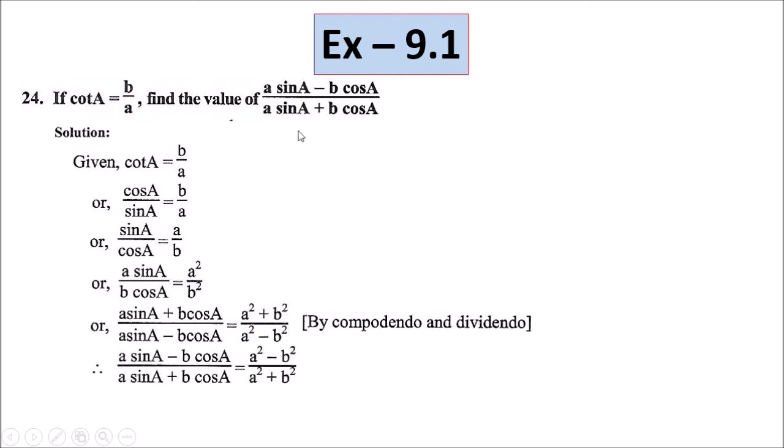This is the part which the question told you, that's why I am inverting again. That means the denominator goes to the numerator, the numerator comes to the denominator. Here also the changes are there. So that is your required a sin A minus b cos A by a sin A plus b cos A, that equals a square minus b square by a square plus b square. So this is the answer of this question.